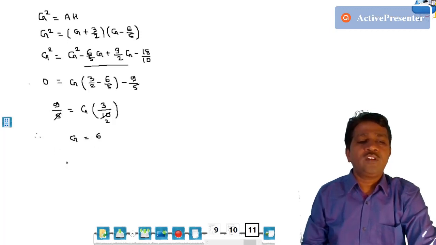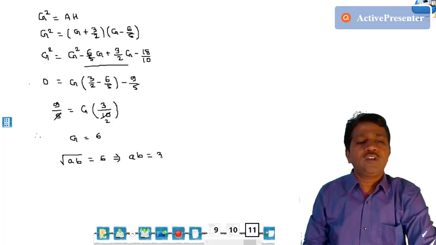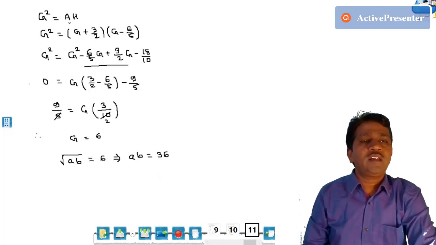But we know the formula for G is nothing but the square root of a × b, which equals 6. The geometric mean is given by this, and on squaring I will get a × b = 36. So this is one equation. Now from the given relation, A is nothing but G + 3/2.